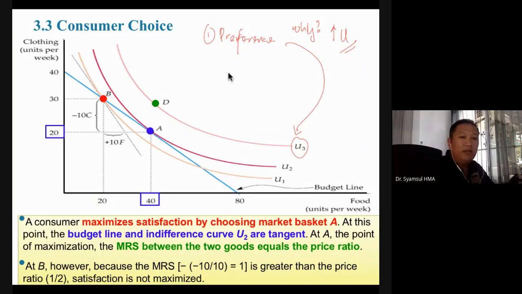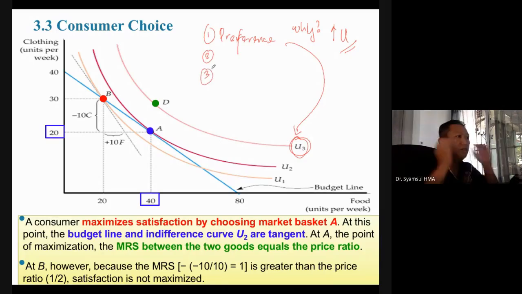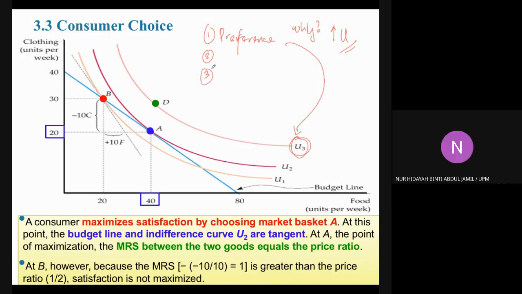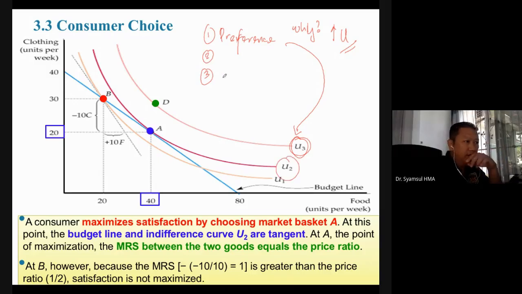Even though people want U3, what is their choice? U2. So the choice is actually at U2. Why?